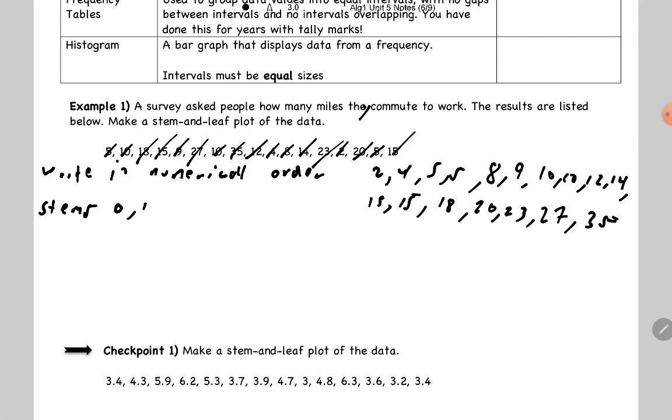We're going to have 1, which is the tens, so everything from 10 to 19. 2 will represent everything from 20 to 29, and 3 will represent everything from 30 to 39.